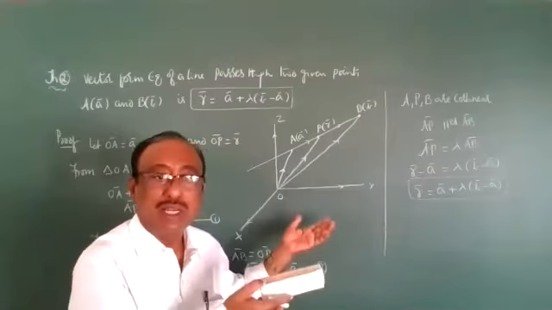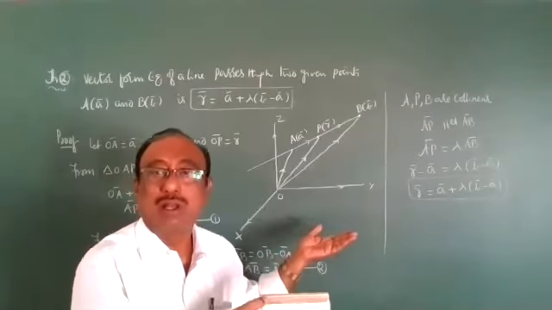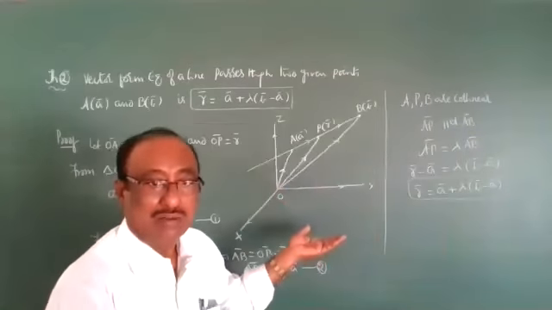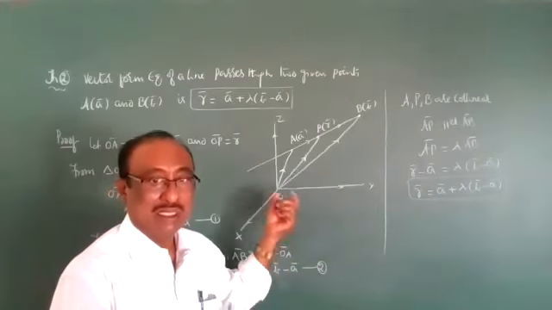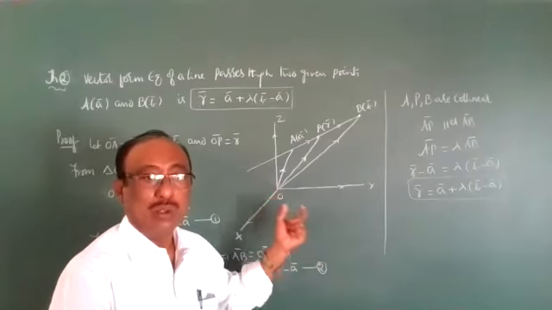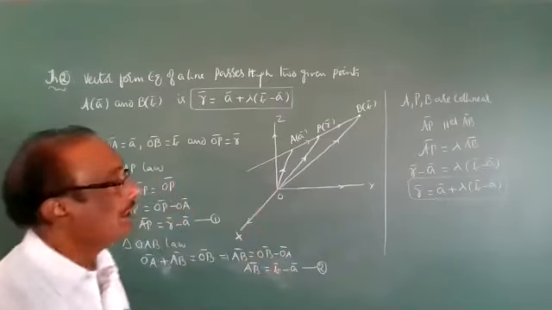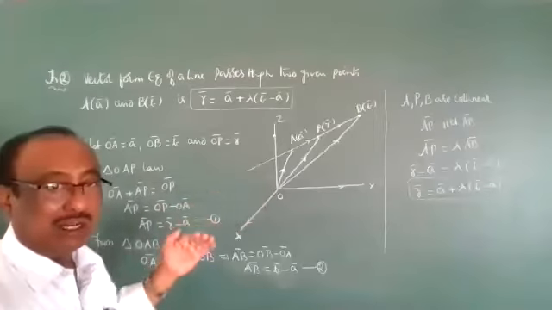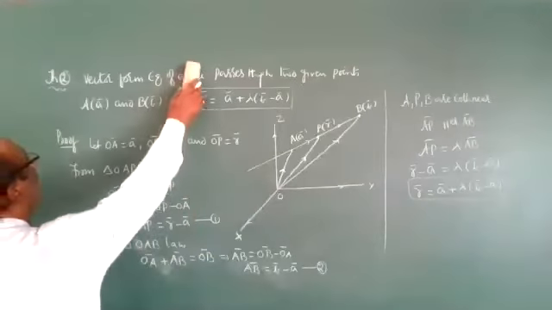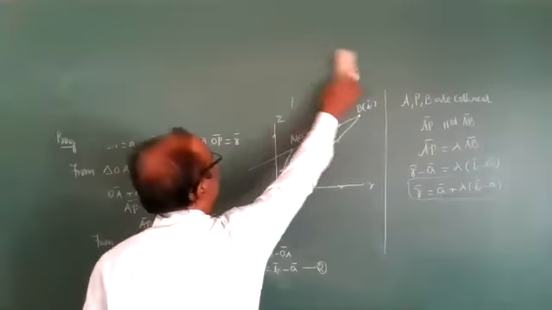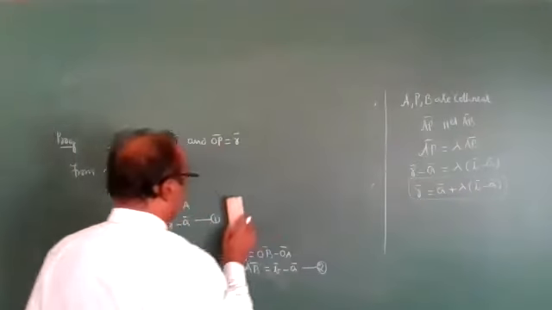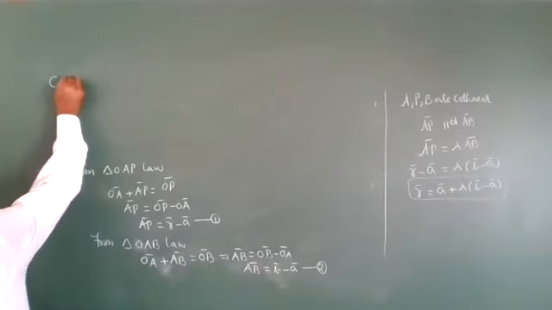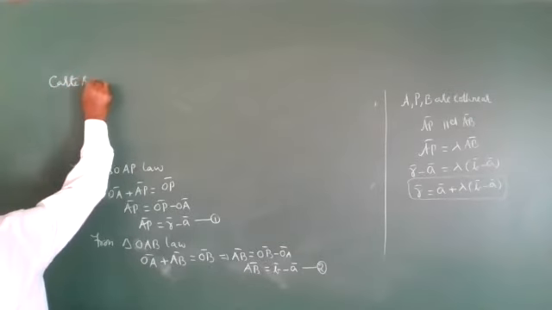We are converting coordinate geometry straight lines into vector form, because vector form is the simple form for doing problems. What is the relation between vector and coordinate geometry? Let us see the Cartesian form.